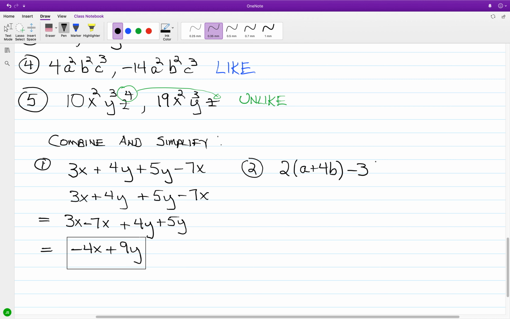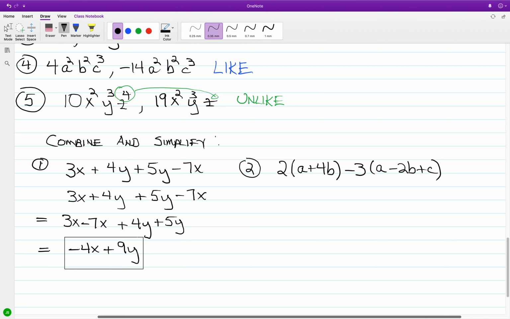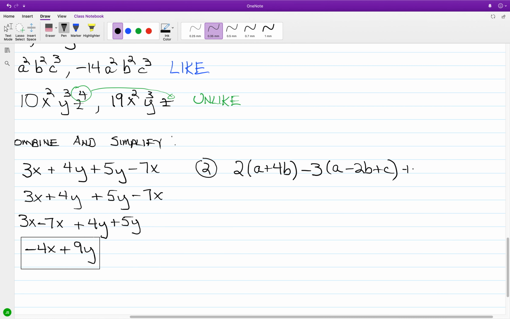And we have minus 3 times the quantity of A minus 2B plus C. And we have plus 6 times the quantity of B minus 2C. Now, if you notice, within each group of parentheses, we have unlike terms throughout. And we want to get rid of the parentheses. So what we can do here, we can perform distribution throughout.